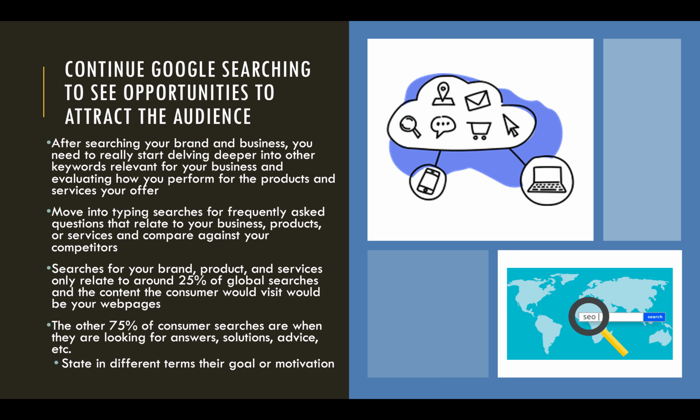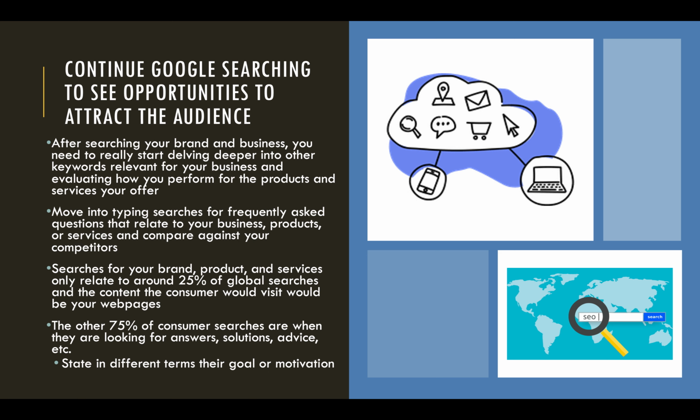So to attract your audience and gain more opportunities, after searching for your brand and business, you really need to start delving deeper into the keywords that are relevant for your business. Moving into types of searches, these are more frequently asked questions that relate to your business, products, or services, or that compare against your competitors.